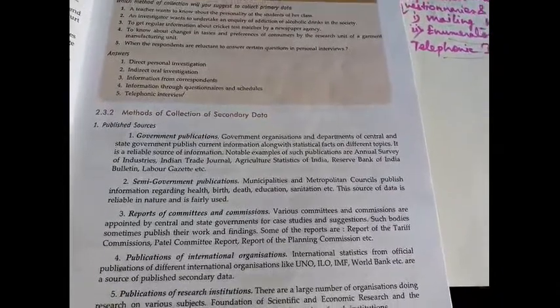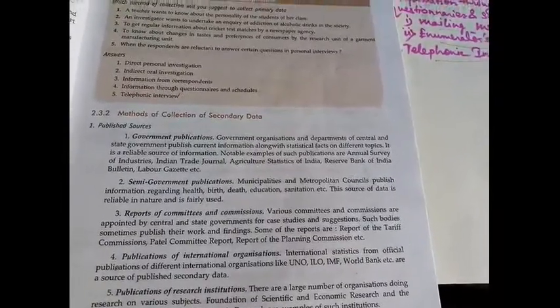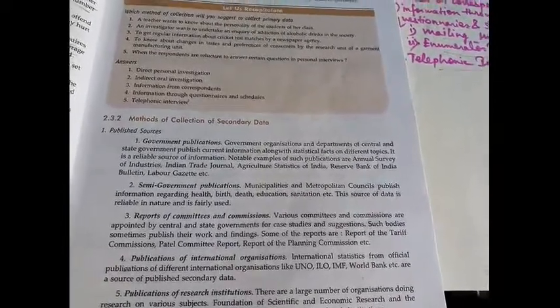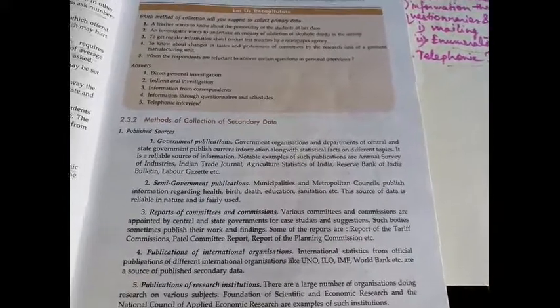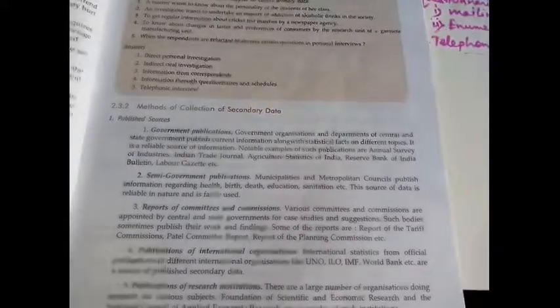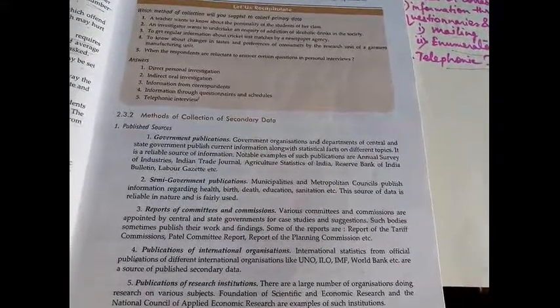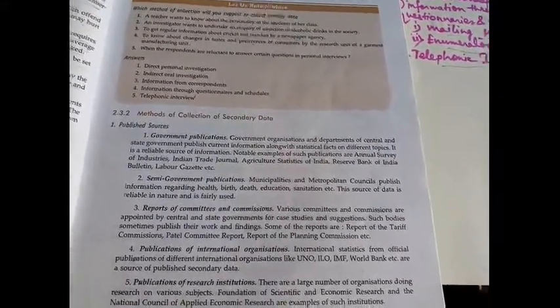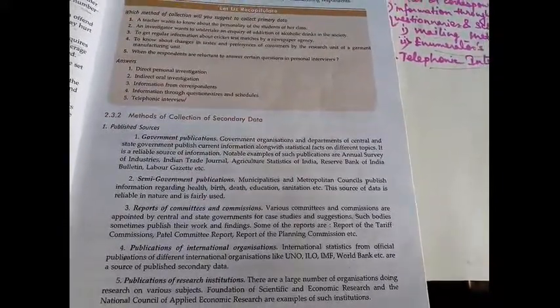The Municipality, like Asansol Municipal Corporation, then metropolitan councils. In Asansol there are many councils. What is the work of this semi-government? They provide data related to death, birth, education, sanitation, etc. All these matters, they provide relevant data.